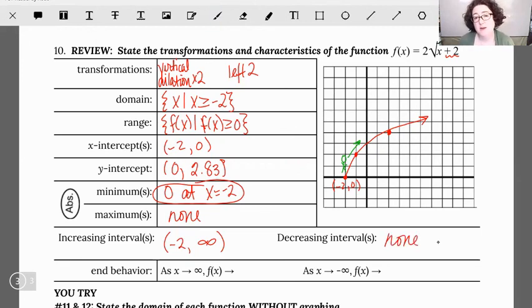Same sort of thing for end behavior. We have to tweak it a little bit because as we think of walking left versus right on our graph, well, as we walk to the right, as x approaches positive infinity, our graph will just keep going in that up direction. So as x approaches positive infinity, our y values keep going up. So f of x approaches positive infinity as well.